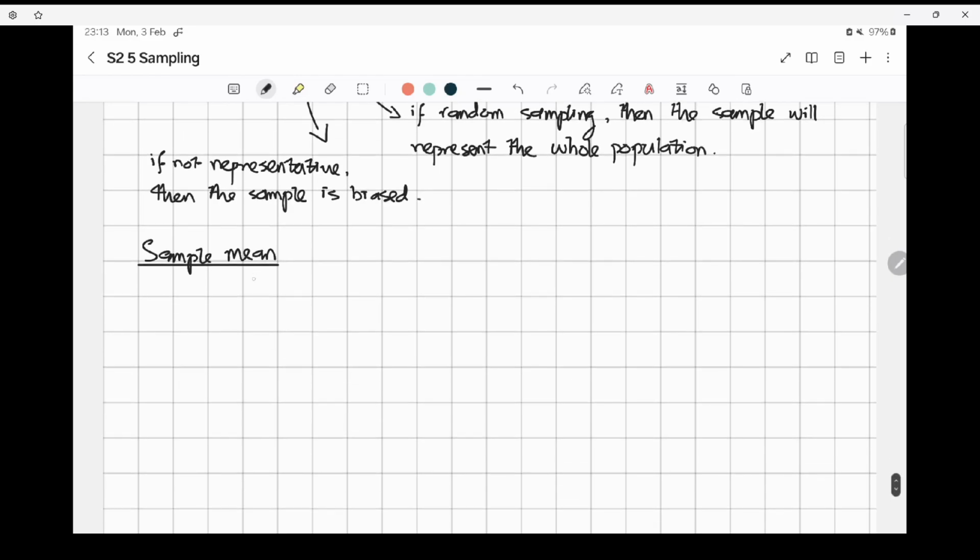Sample mean basically is that you take the mean of all the random variables. So sample mean basically means the mean of all the items in the chosen sample.